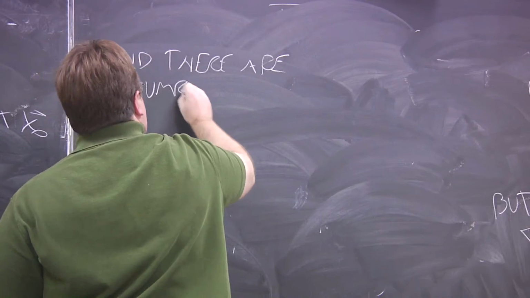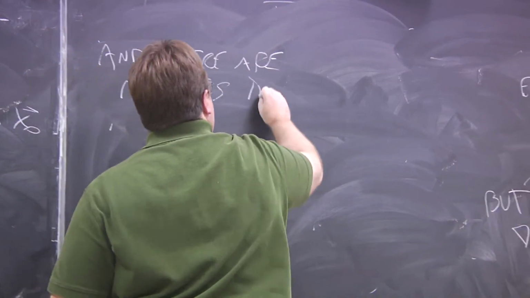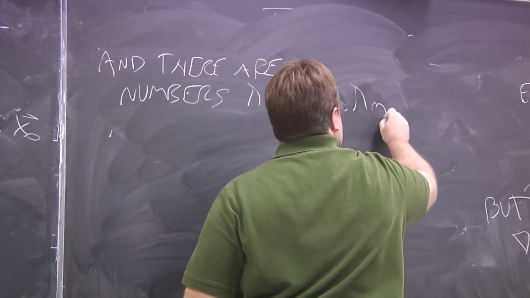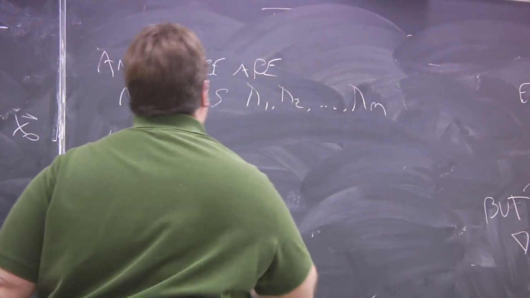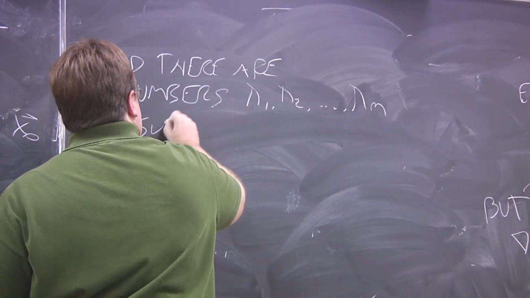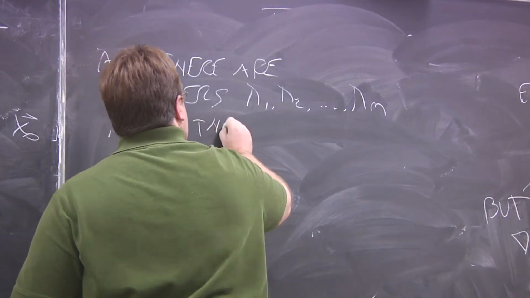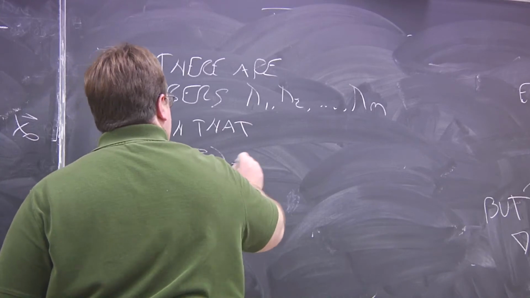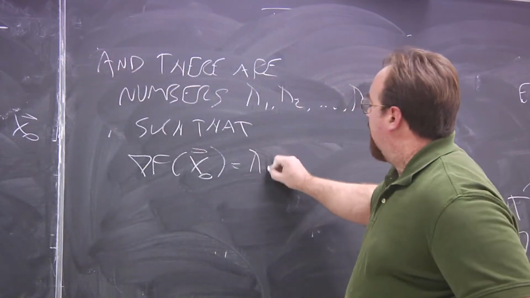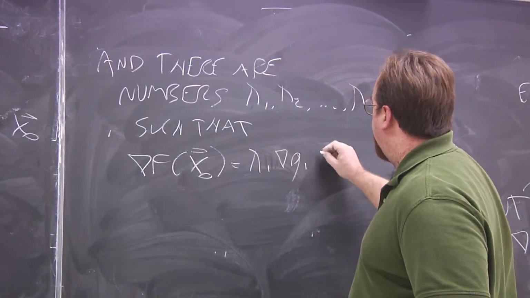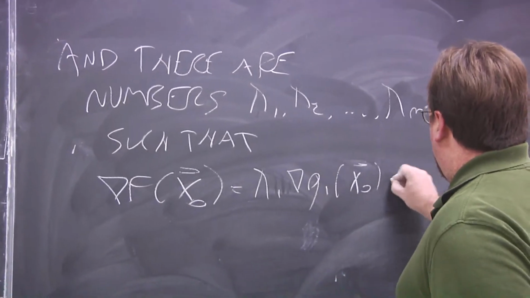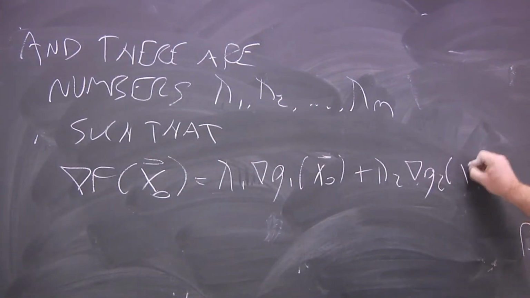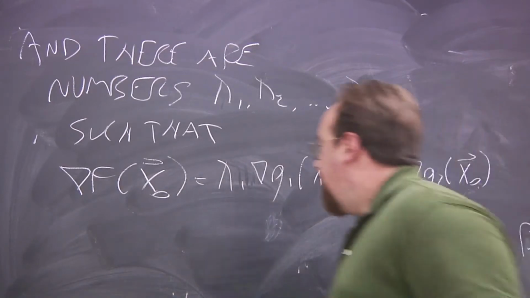So if you can find numbers, call them lambda 1, lambda 2, probably like the Greek letters, such that the gradient of f at this point is equal to lambda 1 gradient of g1 plus lambda 2 gradient of g2, and so on.